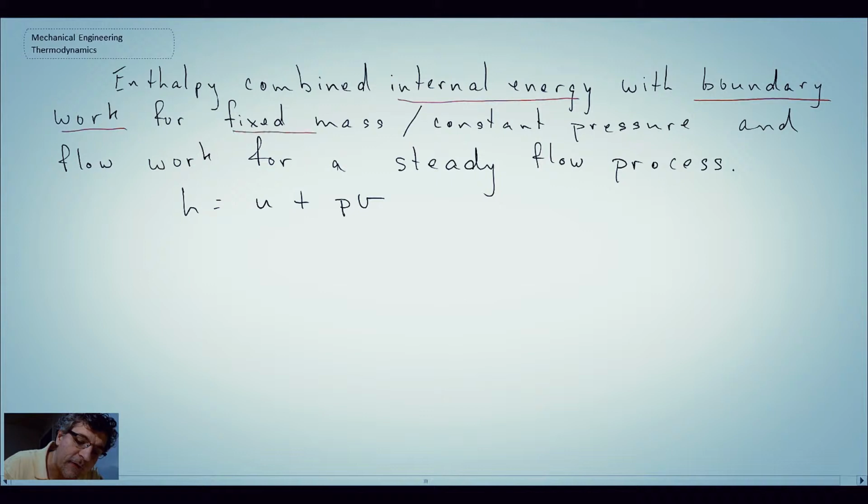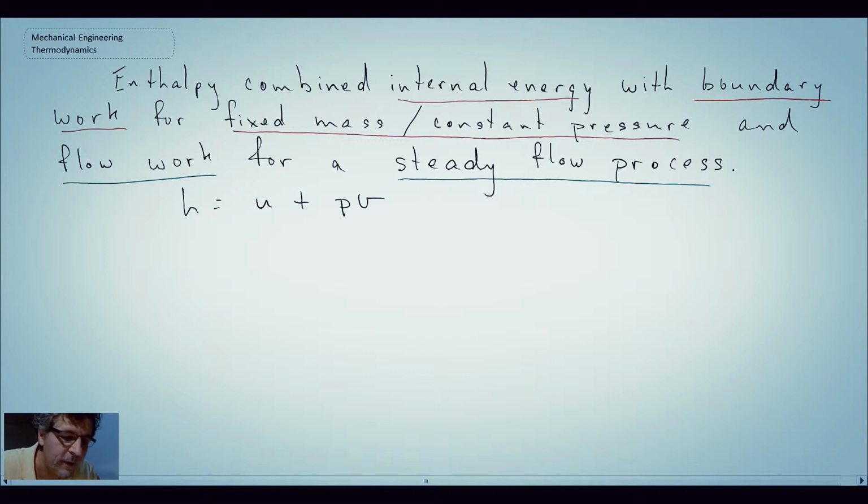And that was for a fixed mass, constant pressure process. So that was one way that we were applying the enthalpy for a fixed mass system. It also covered the flow work term for a steady flow process. That would be for an open control volume where we have mass crossing the control boundary. So enthalpy was another property that we've dealt with.